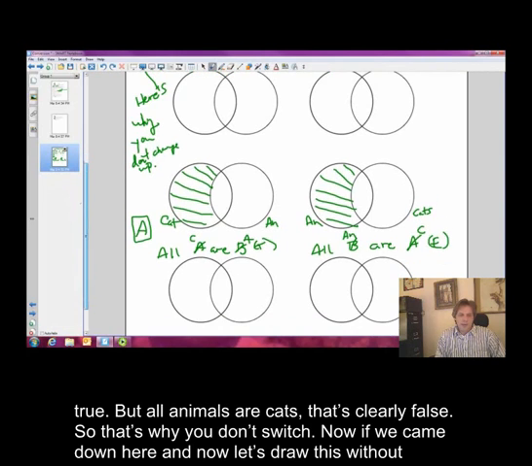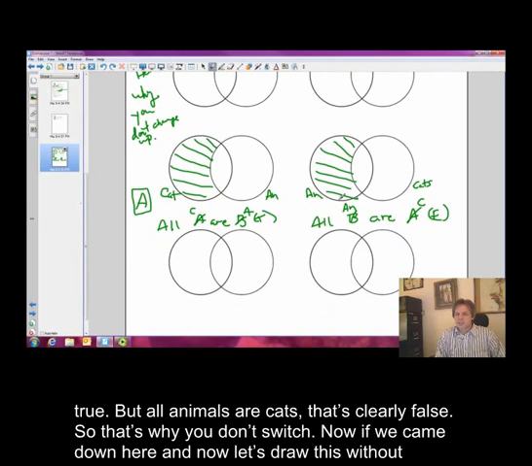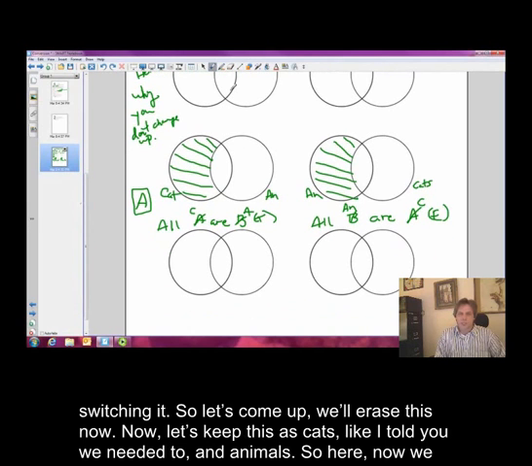Now if we came down here, let's draw this without switching it. Okay, so let's come up. We'll erase this now. Let me get a bigger eraser. All right, we're going to erase this. All right, now let's keep this as cats, like I told you we needed to, and animals, right?